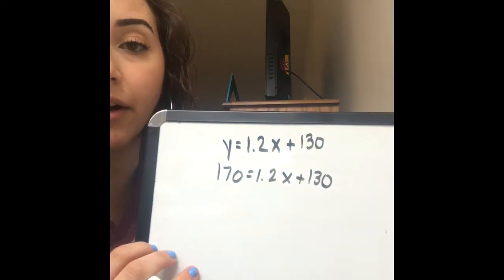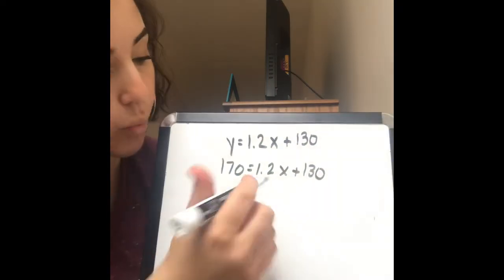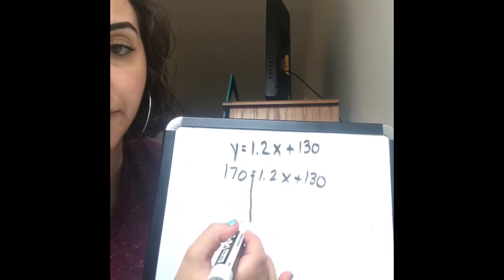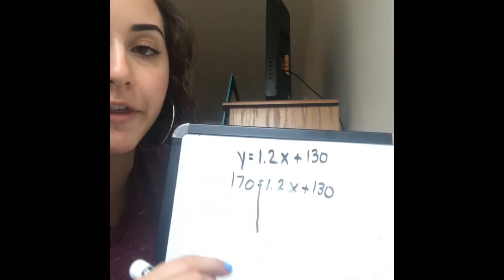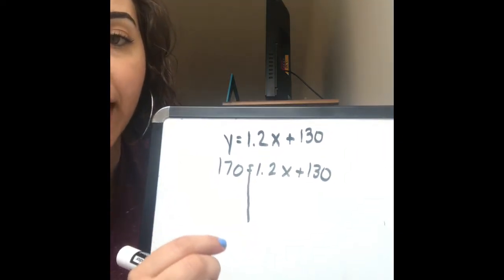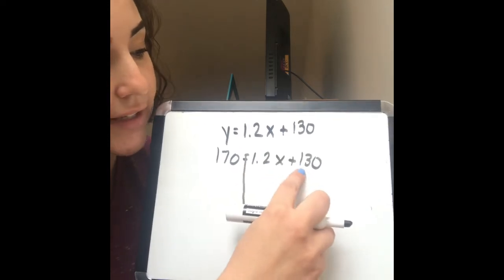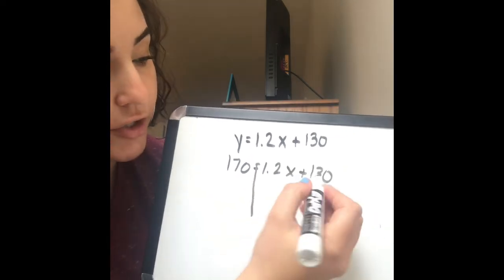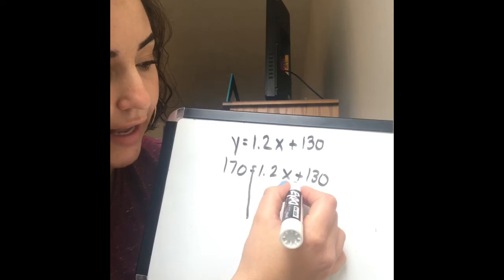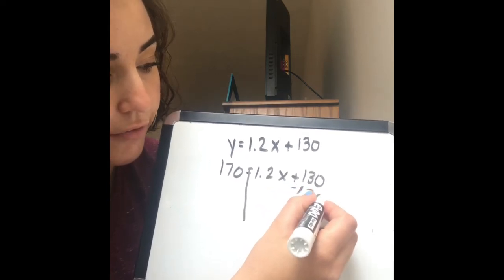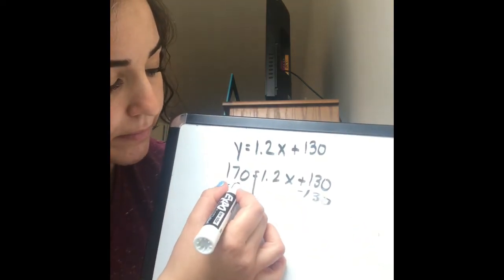From here, to solve for x, we need to get x all by itself. First, we move the thing that doesn't have the x. What doesn't have the x is the 130. So let's do the opposite of plus and subtract 130 from both sides of the equation.